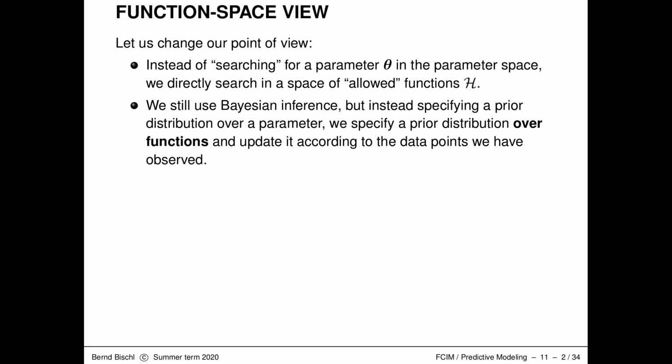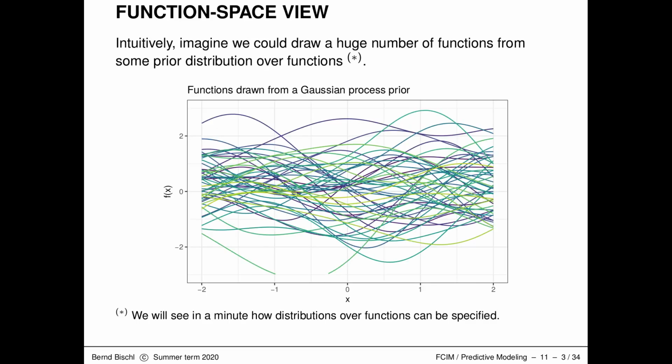I'll need quite a few slides to be able to do this, because I'm assuming that most of you have not seen something like this before. You know how to work with vectors and distributions over vectors, but you probably don't know how to work with distributions over functions. So let's start with some rough intuition of how that should look and feel.